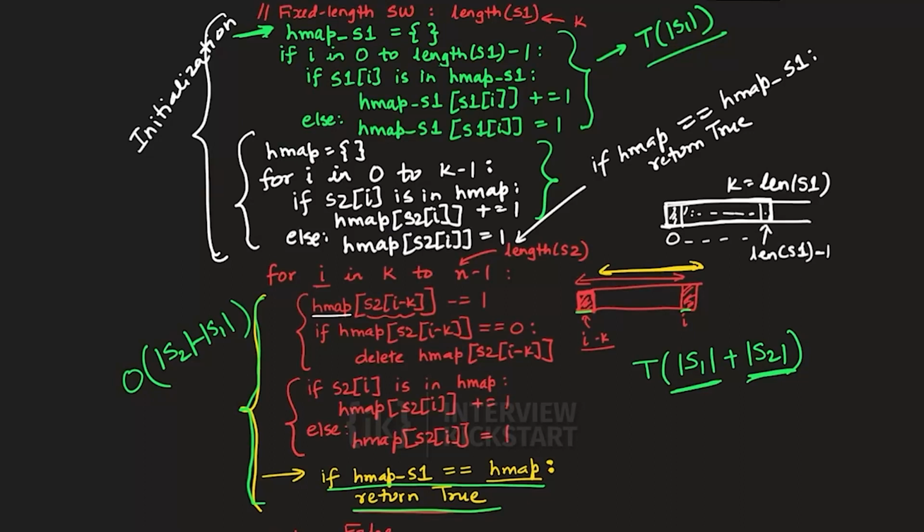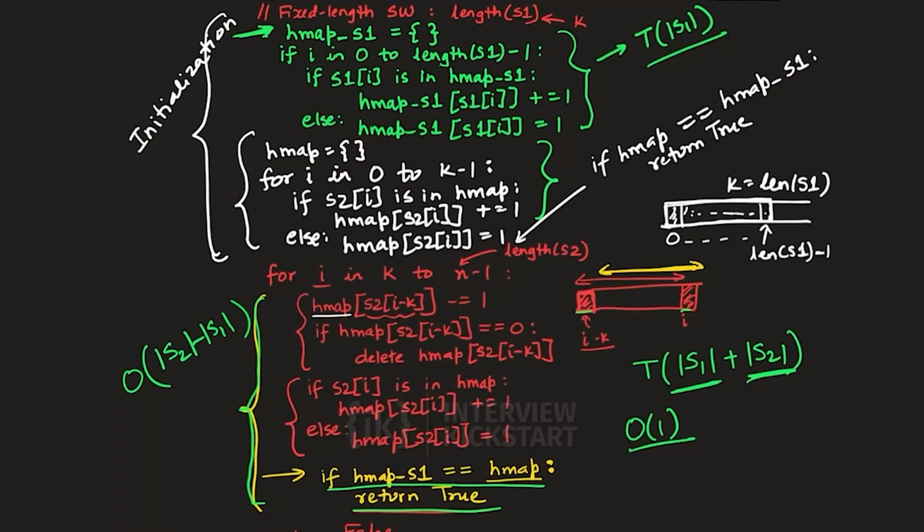So that's the time complexity. The space complexity is constant, since we have both frequency tables having at most 26 keys. So the total space taken by them would be roughly a constant.